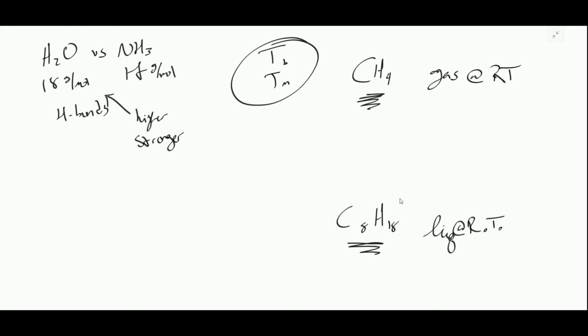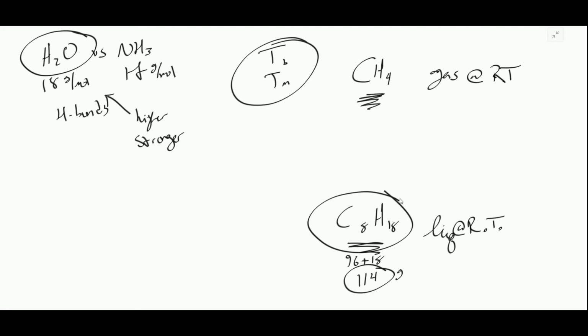But, once again, you can compare, say, octane to water. Octane has a lower melting and boiling point than water, even though octane is going to be, let's see, 8 times 12 is 96 plus 18, a molar mass of 114 grams per mole, roughly, whereas water has a molar mass of just 18. So the polarity and hydrogen bonding of water is really, really significant compared to the London dispersion forces of octane.